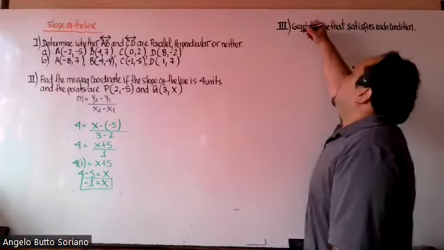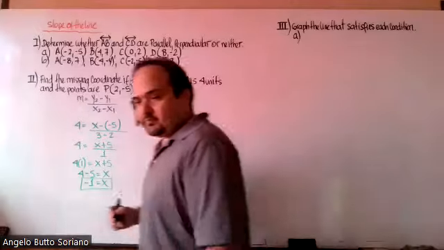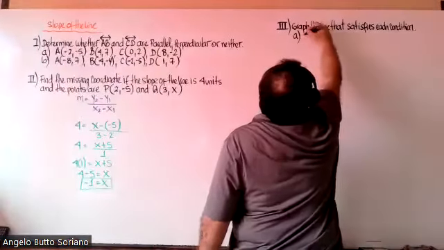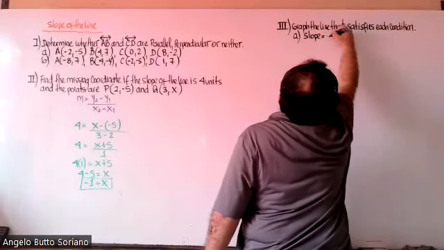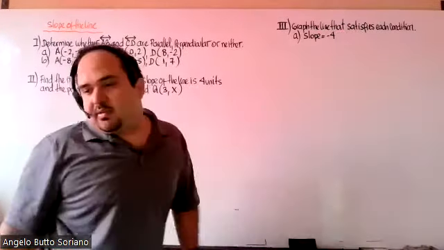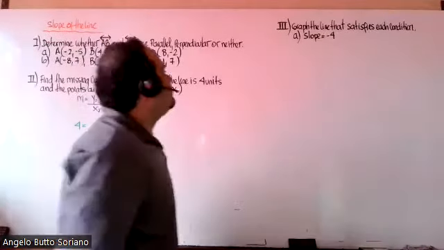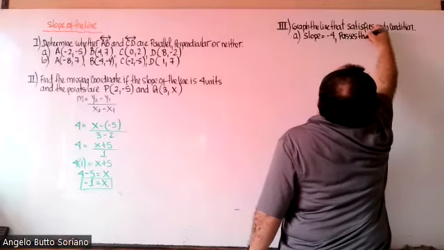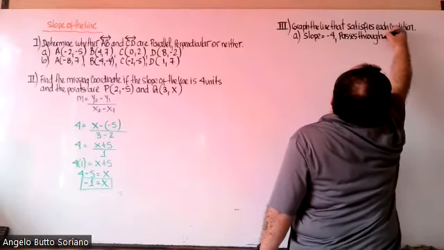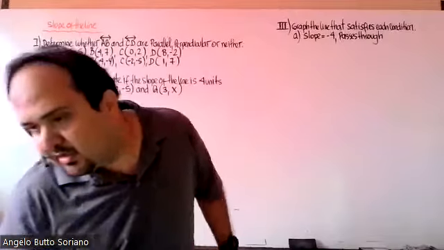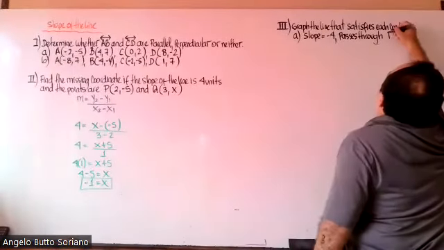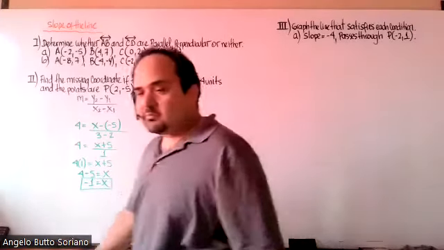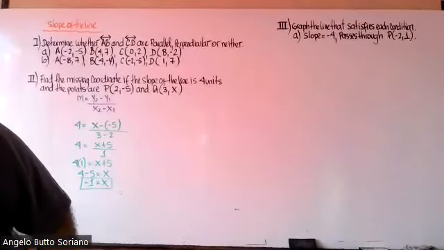Letter A is slope equals -4, passes through P (-2, 1). Okay, let's do it step by step.